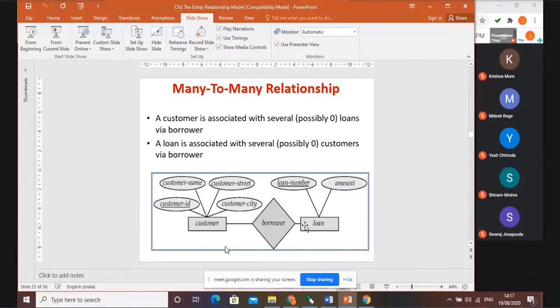And one loan can be taken by many customers. Suppose I have a home loan. So a home loan can be taken by many customers, or you can say one loan number. Suppose a particular loan number is there. You can have a joint account here, so it is allowed. Those two people can be related with that particular loan. So many customers together can go for one loan, and many loans can be taken by one customer.